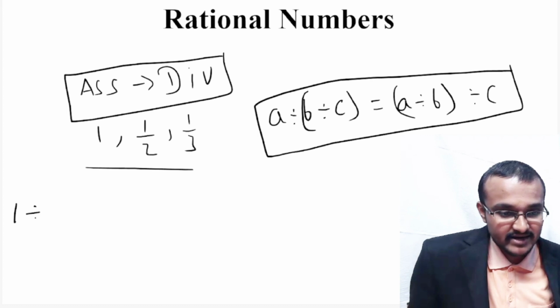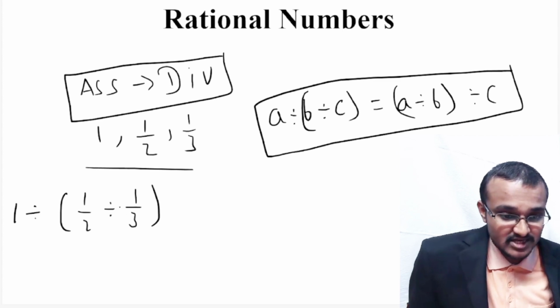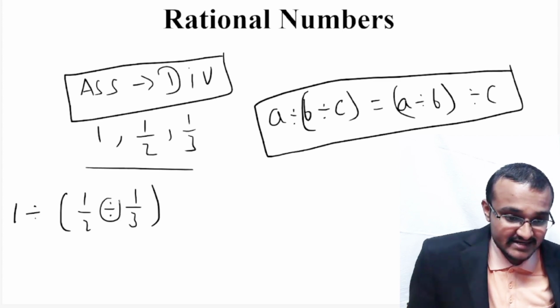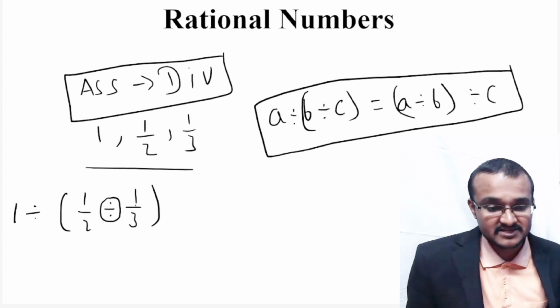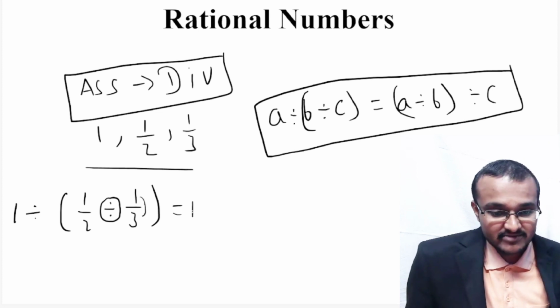So 1 divided by 1 by 2 and 1 by 3 will be inside the bracket. Now to solve this, you can interchange this division with multiplication, and you can interchange the numerator and denominator of the second number. So that will be 1 divided by 1 by 2 into 3 by 1.